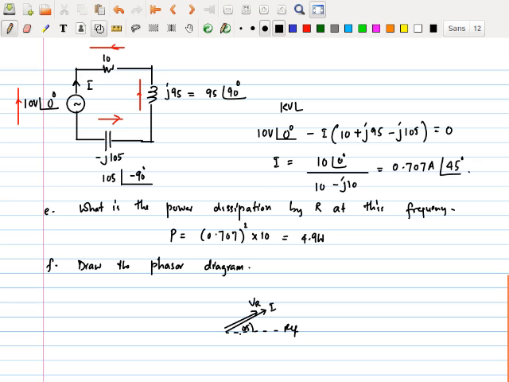If you want to find the exact value, go do a calculation. Then this should be VL. Then that should be VC. You want to find the exact values? Fine. This is 90. That's what you should get for the phasor diagram. Is that okay?